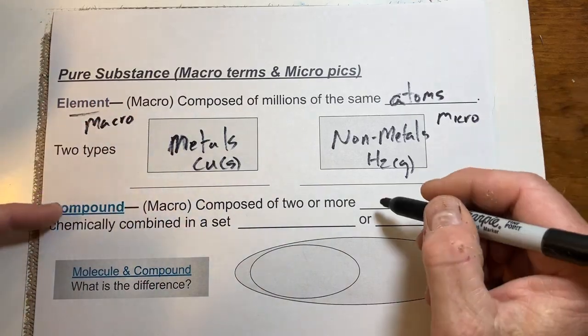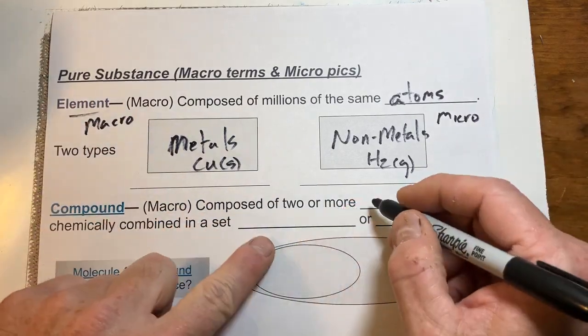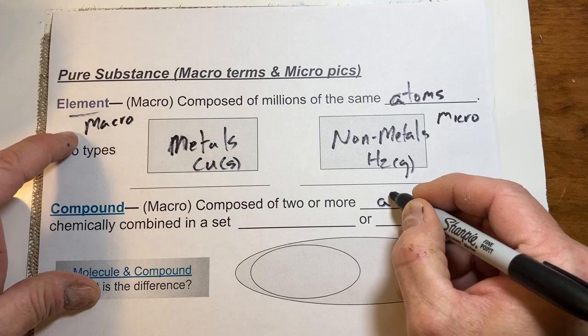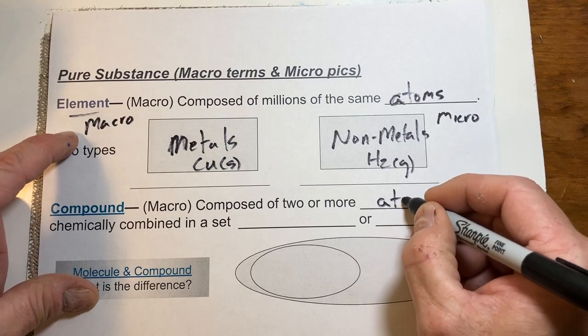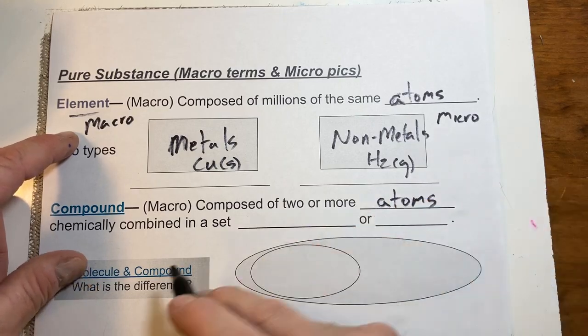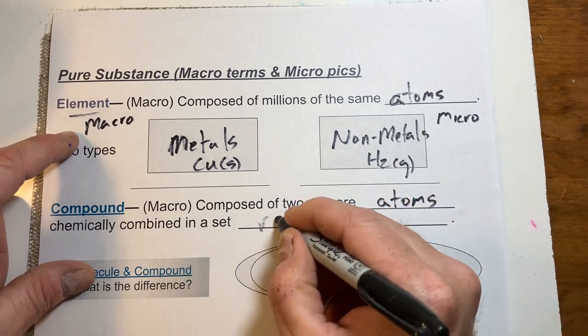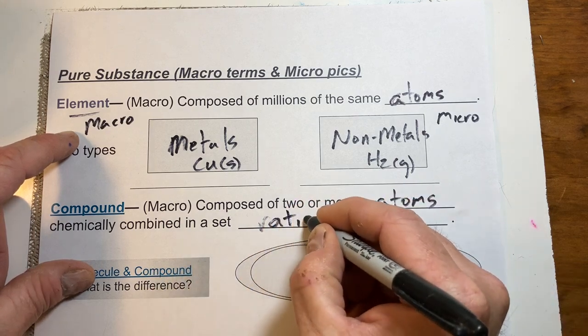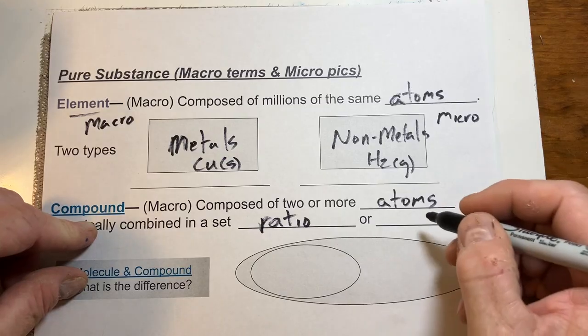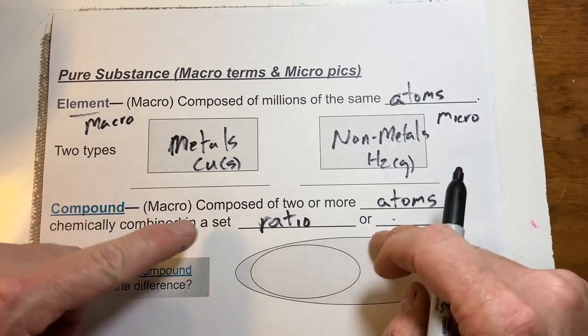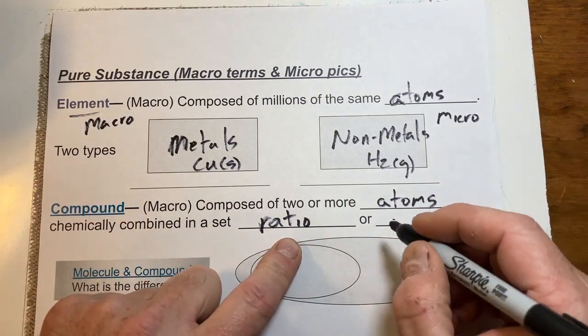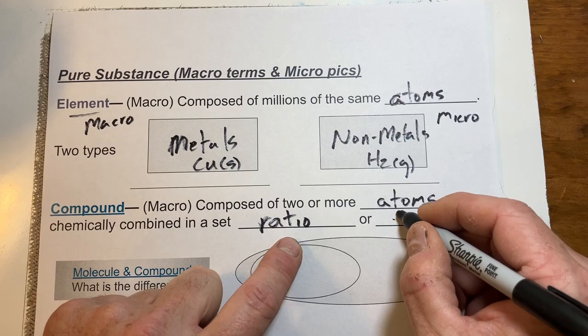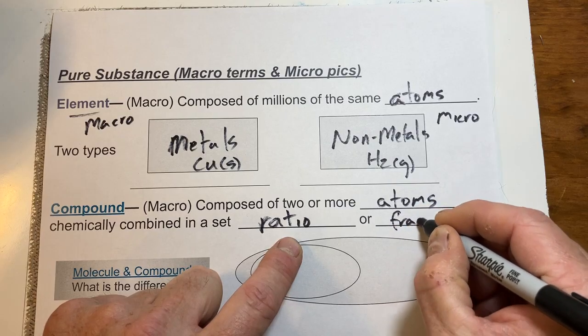Now, compounds are composed of 2 or more different atoms. We're going to point that out here. Chemically combined in a set ratio. So we have to have 2 different atoms to be a compound, and this can be a set ratio or fraction, I guess we could put there.